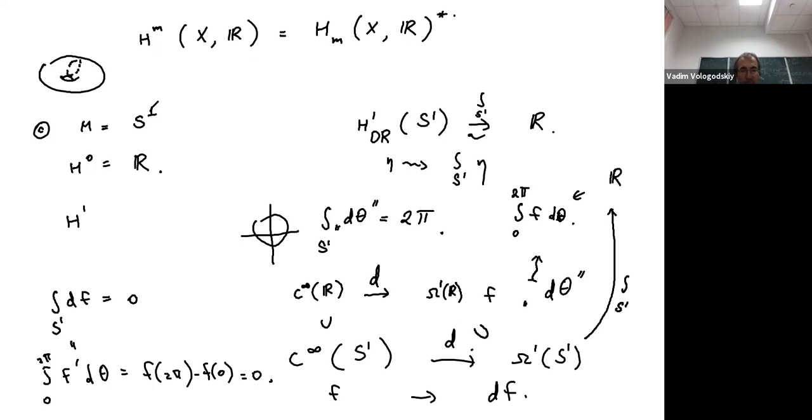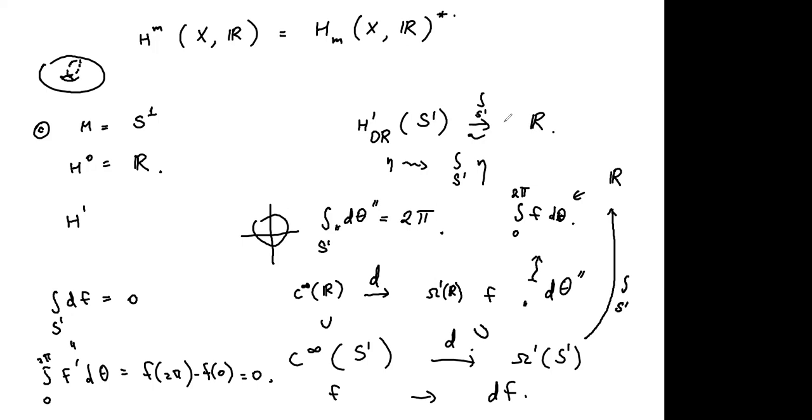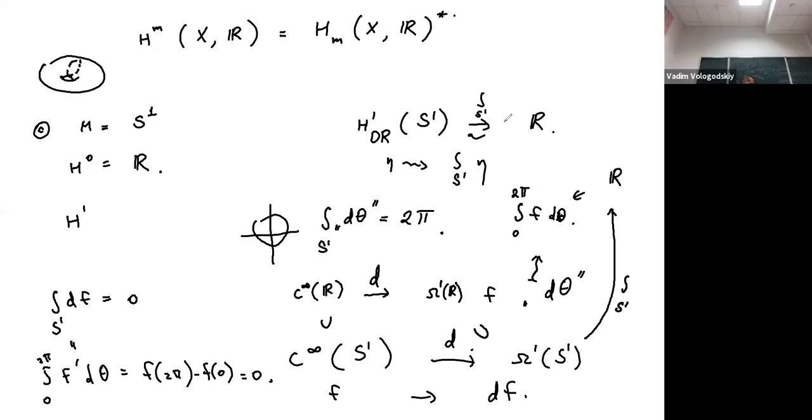In this case, the singular homology group is also one-dimensional, and the de Rham theorem is precisely the assertion that this map given by the integral is an isomorphism. So in the case of S1, we have already proven the de Rham theorem. We have proven that this pairing is non-degenerate. Yeah, it's non-degenerate.